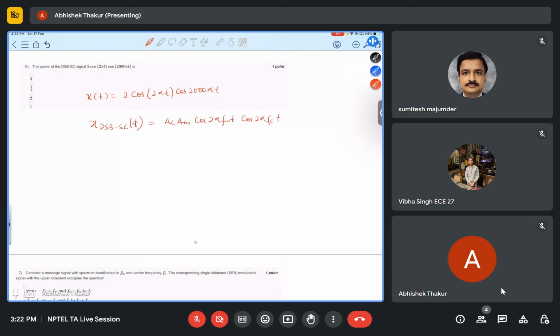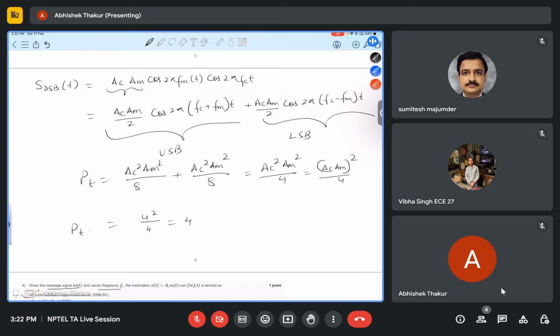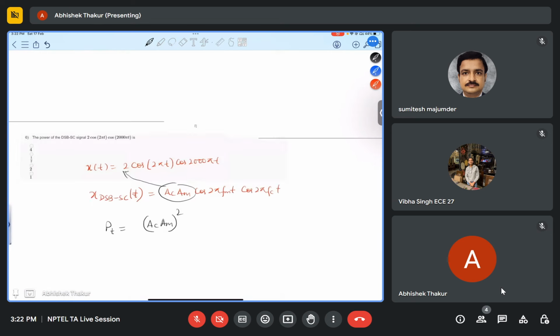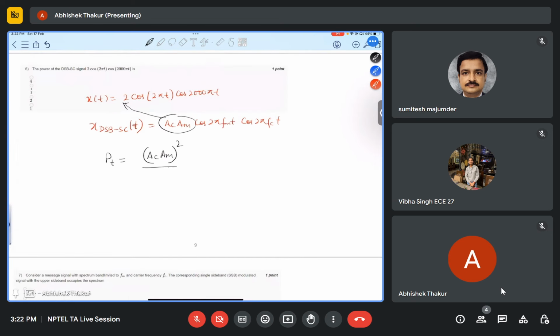So this Ac and Am is 2 and total power we have already studied, Ac Am squared, just we have studied the formula, divided by 4. So it is equal to 2 square divided by 4. So 4 by 4 is 1. So the correct answer is option D.